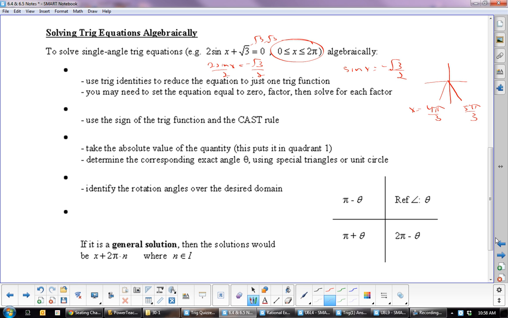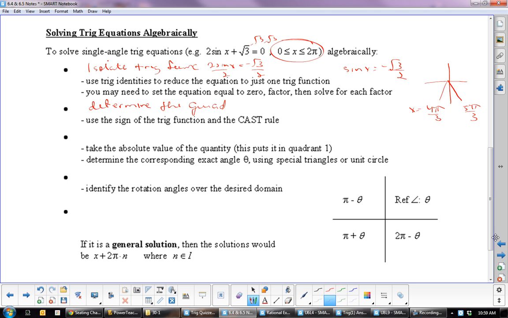So the long way to do them, though, is to, first of all, isolate the trig function. We just did that. You're going to have to do that either way, but the second step is to determine the quadrants. Even if you were just using a unit circle, that's probably not a bad idea.